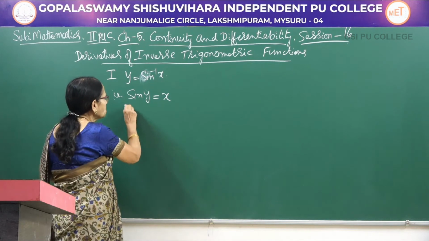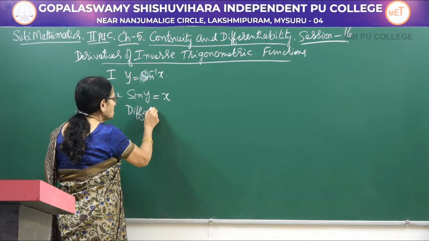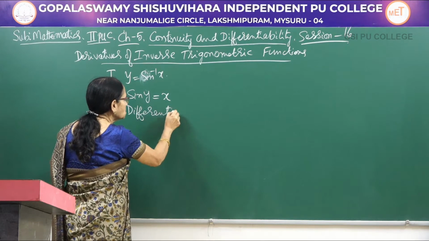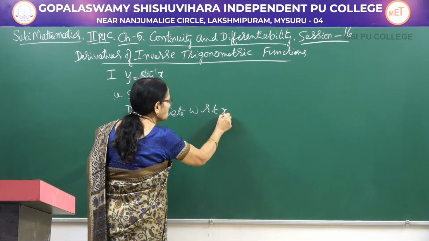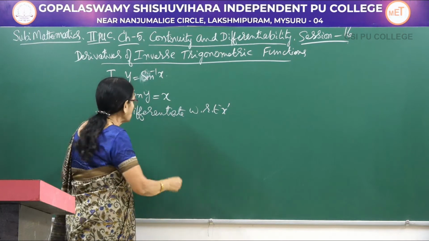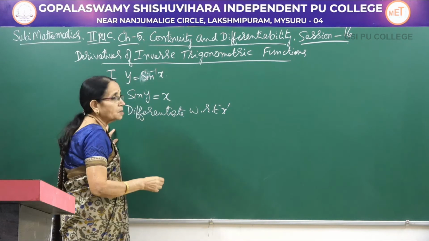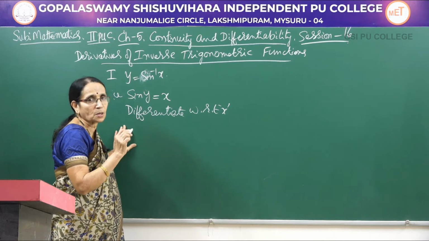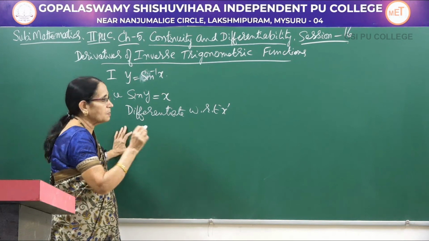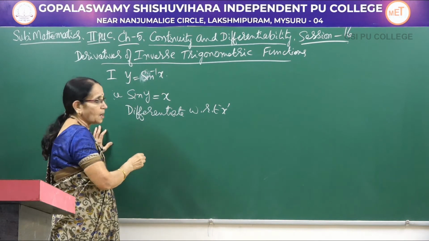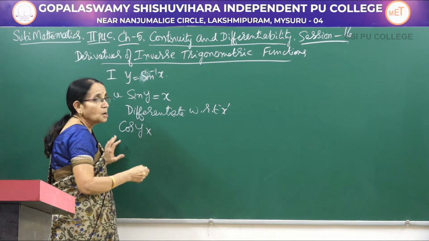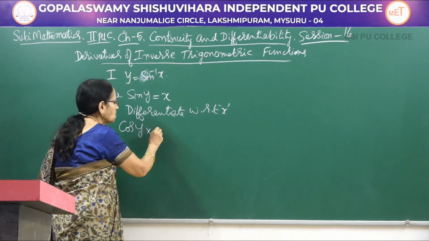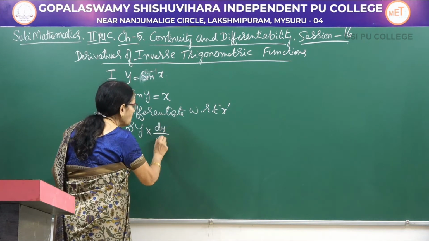Now, differentiate with respect to x. That is why I told you that we are using the chain rule here. In other words, we want dy by dx. So, sin y becomes cos y, and y differentiated with respect to x gives dy by dx.